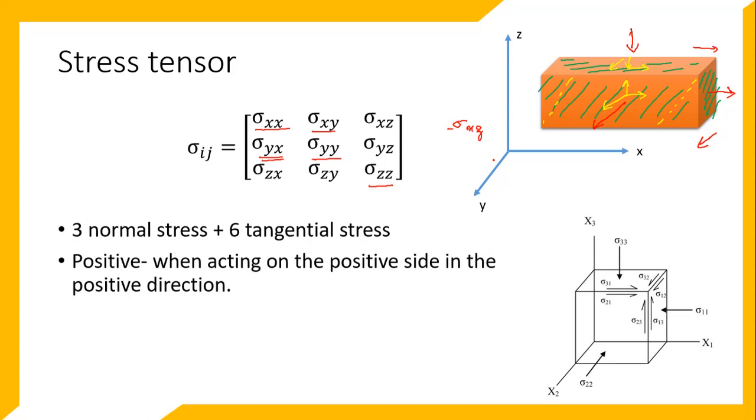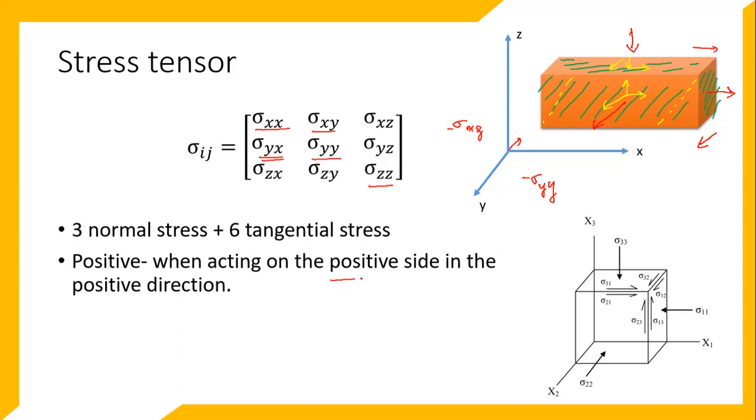So the stress is taken positive while it is acting on the positive side in the positive direction. Suppose the force is acting on the y surface in the y direction, but it is towards the negative y direction, then the stress component will be negative yy. Similarly, if it is acting on the positive side in the positive direction, then the stress is positive.